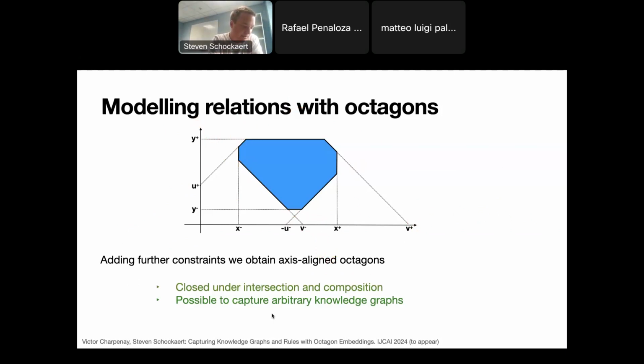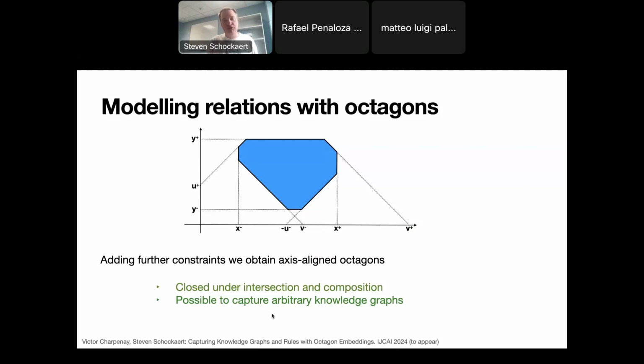So they are parameterized by these values v minus and v plus. And so that gives us an octagon. Again, it's not an arbitrary octagon. It has sides which are either aligned with the axis or at 45-degree angles. But it turns out that they behave quite nicely. So these octagons, because the angles are fixed, are closed under intersection and composition. So they're very easy to manipulate, and I'll say a bit more about that.